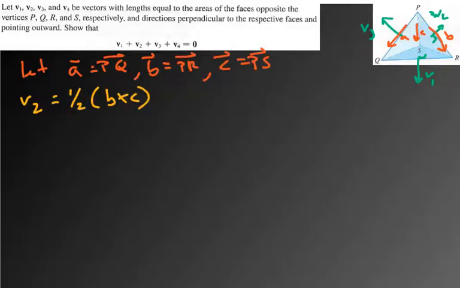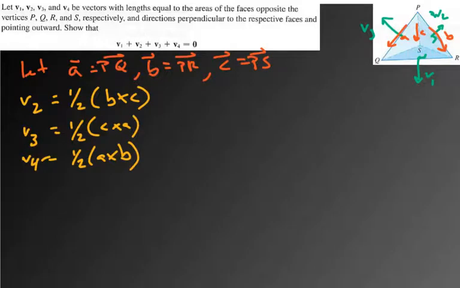And for the same reasons, V3 equals 1/2 C cross A, and V4 equals 1/2 A cross B.